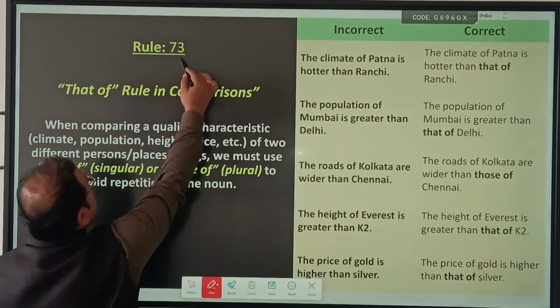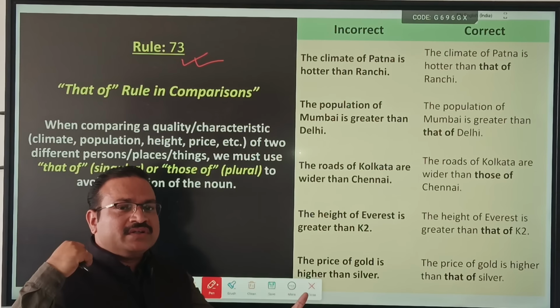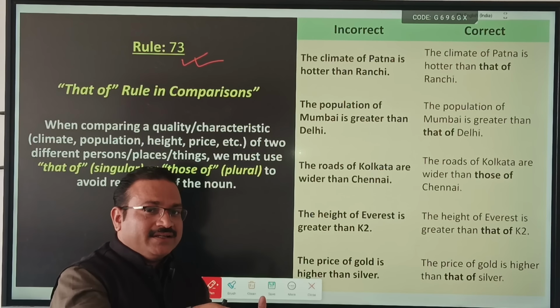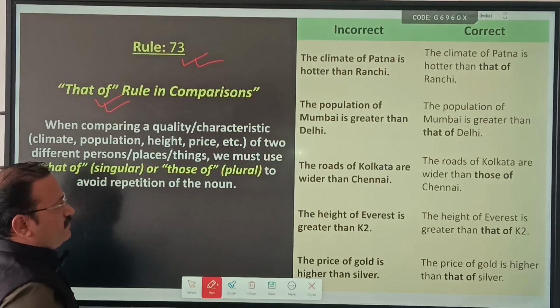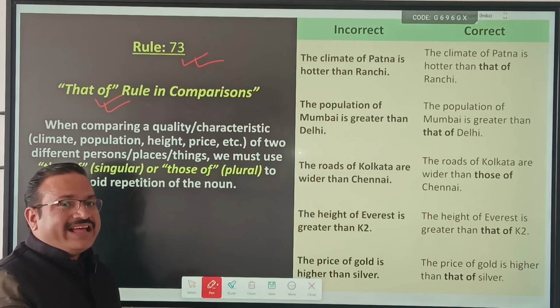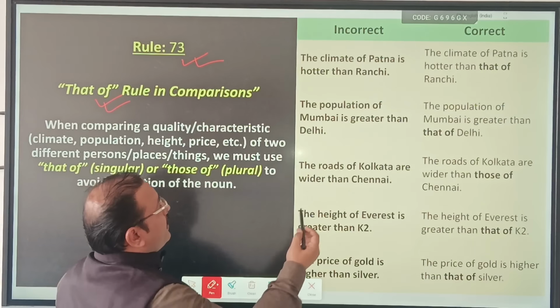Now, rule number 73, very important. In continuation to the previous rule, where we were using any other, here we are using that of, or those of. That of for singular and those of for plural.